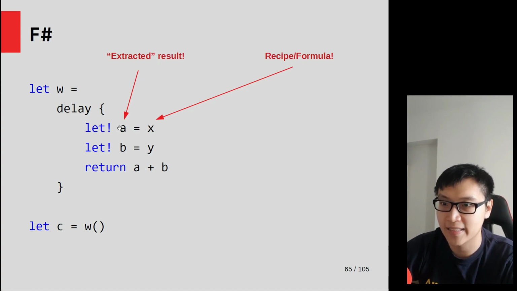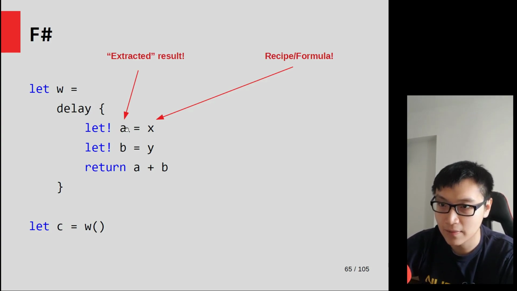I treat it as if I can extract such a result, but I'm running this in an environment or a class that is fully aware that I'm writing a recipe or a formula. And so even though in the code it treats it as if I've gotten the result, in reality I'm just writing down a recipe. I do not intend to fully execute the recipe.